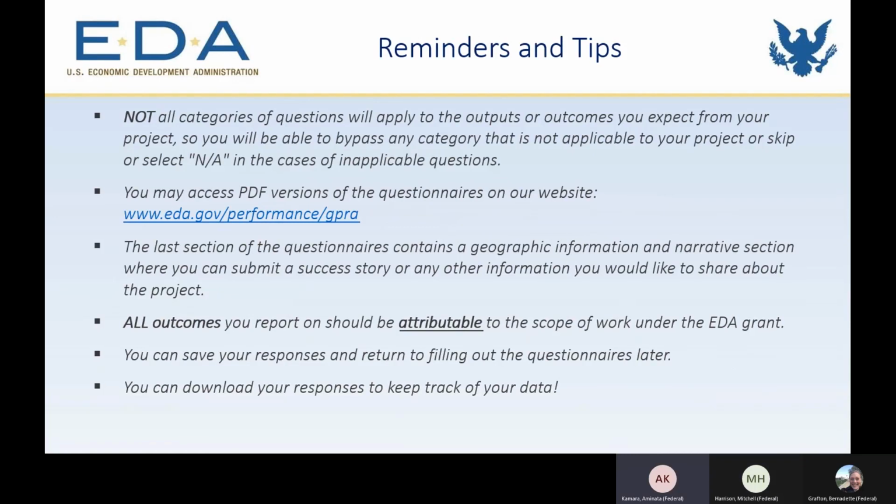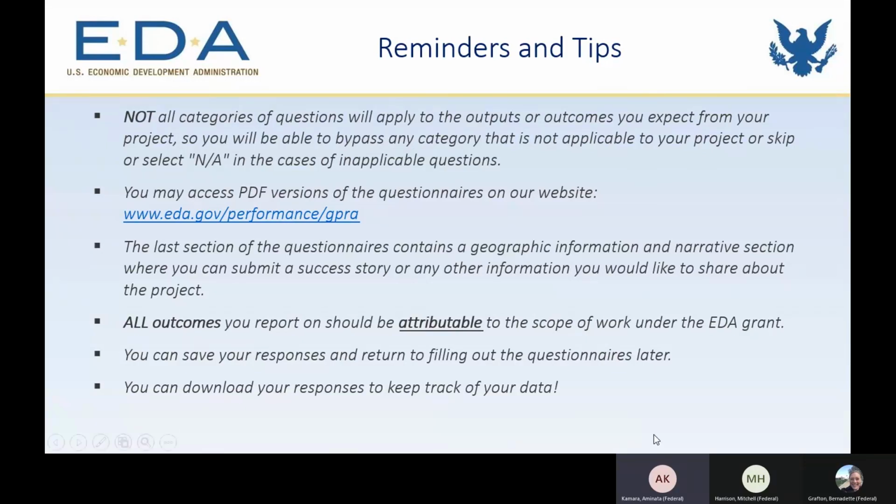Some important reminders and tips. It is important to note that not all categories of questions will apply to the outputs or outcomes you expect from your projects, so you will be able to bypass any category that is not applicable to your project, and skip or select NA in the cases of inapplicable questions.